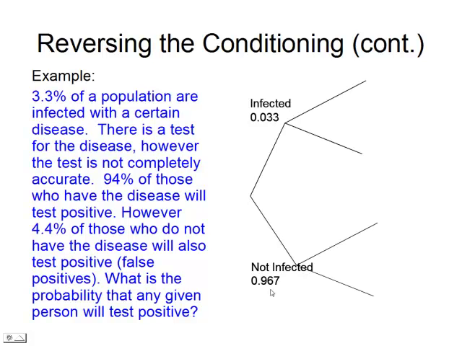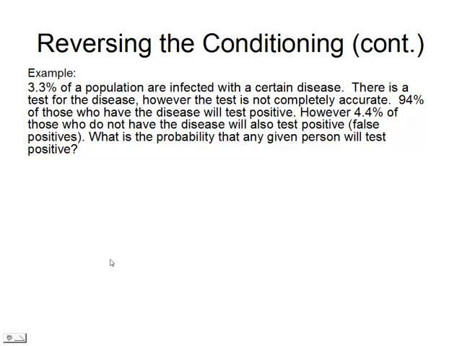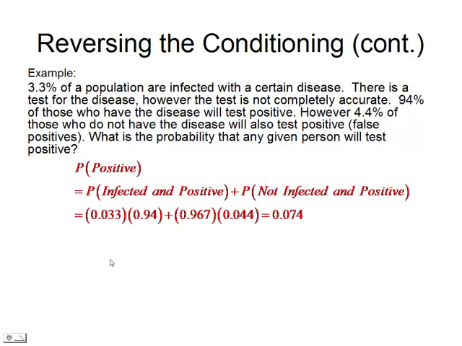Now we create two branches from this, and this is where the test tells you whether you test positive or negative. Those infected test positive 94% of the time. That means that 6% test negative. Those not infected test positive 4.4% of the time, which means that 95.6% of the time they test negative. We want to find the probability that any given person will test positive.